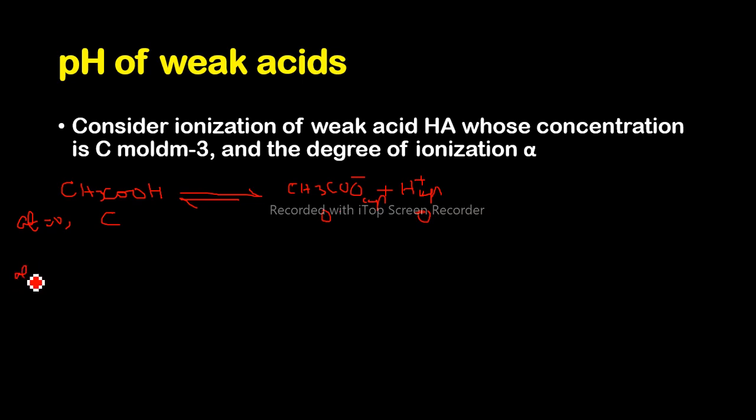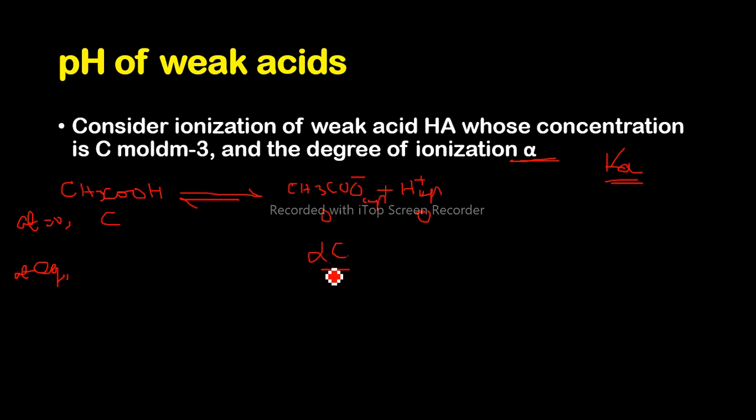But at equilibrium, if you form, let's use the ionization constant, but you can also use Ka, depending on what is given. If you have the ionization constant under C, we shall form alpha C.